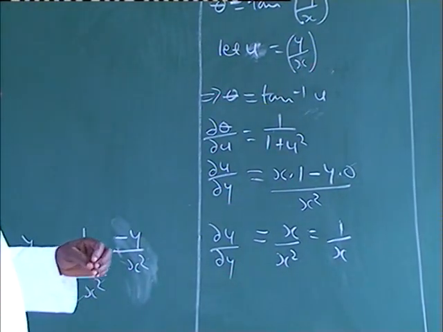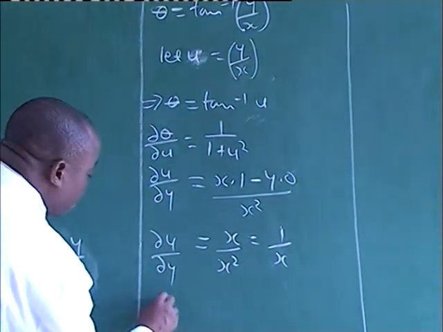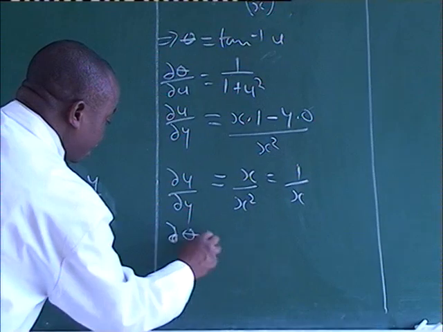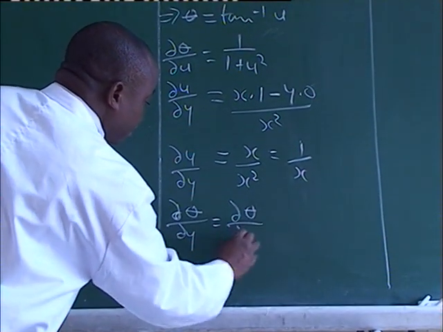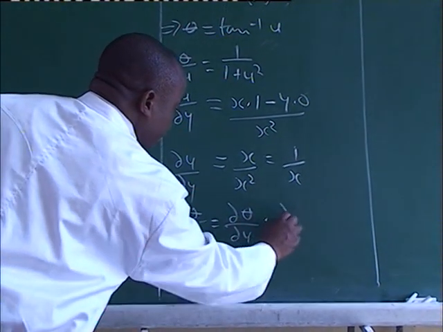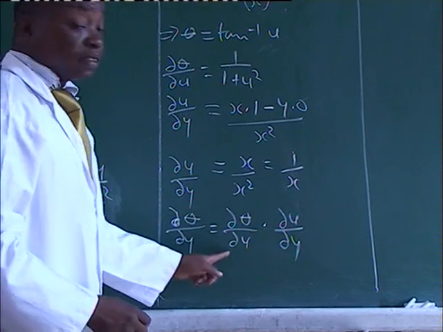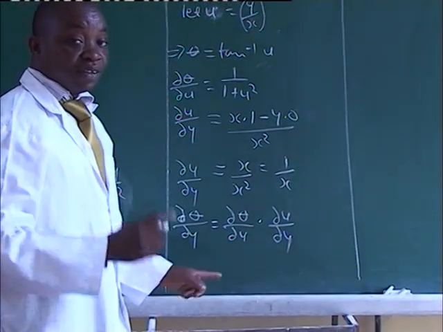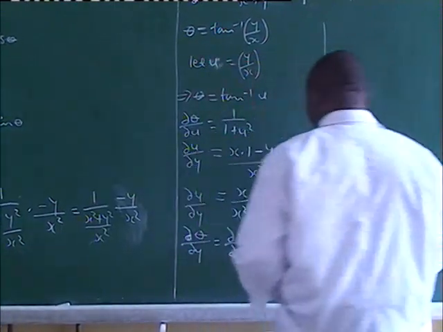But what I need is partial theta, partial y. And I know that partial theta, partial y will be equal to partial theta, partial u times partial u, partial y, because this is the chain rule from probability calculus. You see, everything started from calculus.